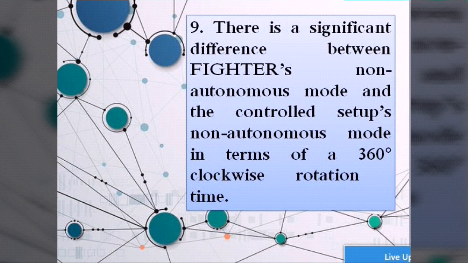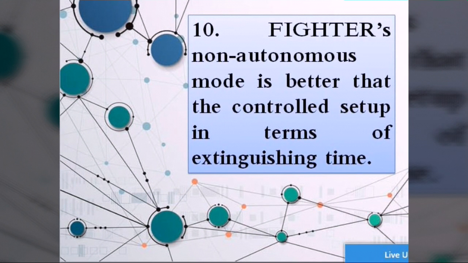There is a significant difference between fighters' non-autonomous mode and the control group or controlled setup's non-autonomous mode in terms of 360-degree clockwise rotation time. Last number, fighters' non-autonomous mode is better than the control setup in terms of extinguishing time.